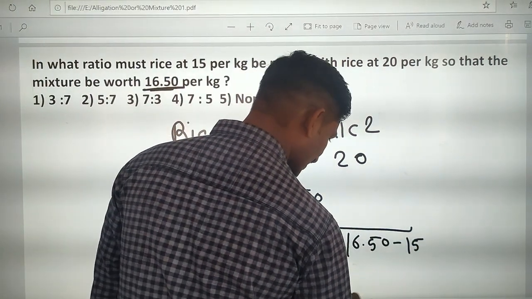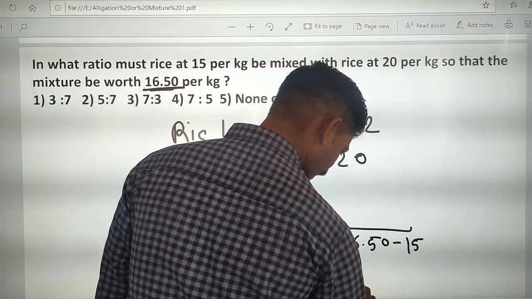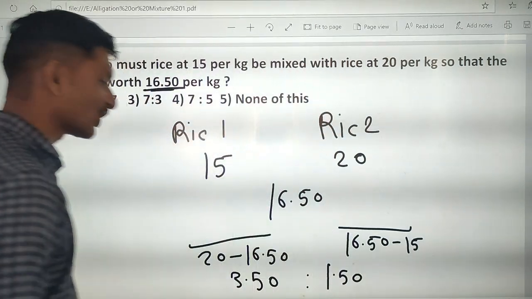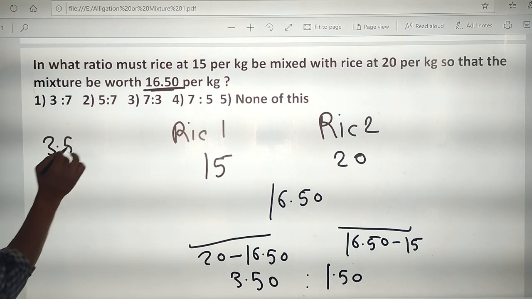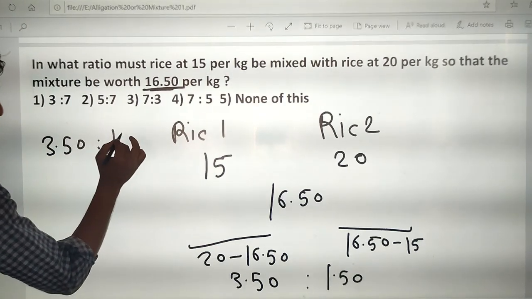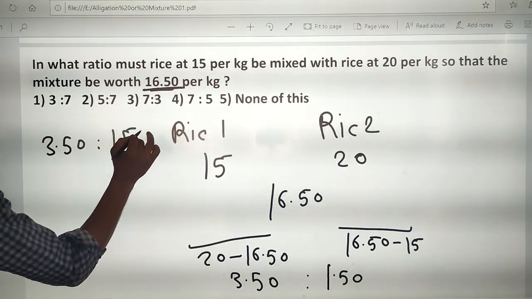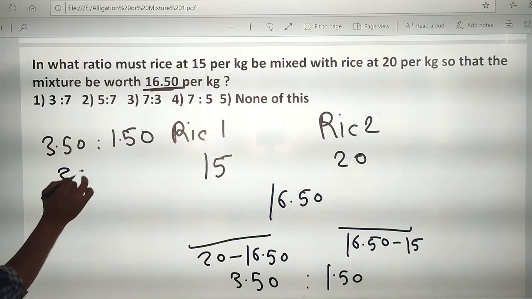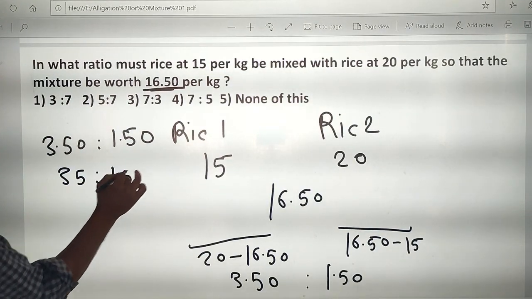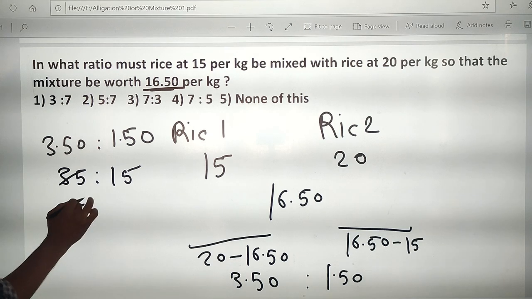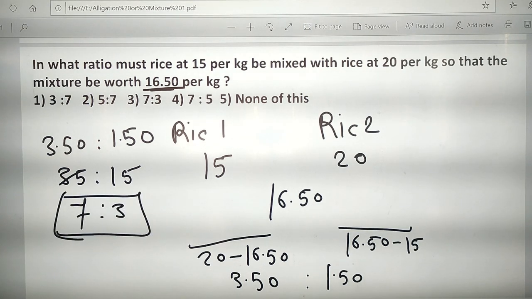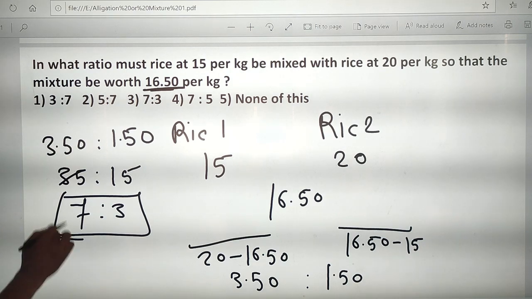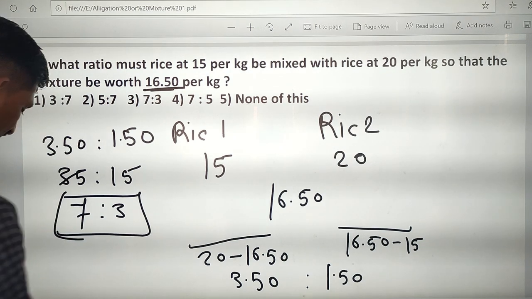Here the subtraction is 1.50. Now the ratio is 3.50 to 1.50, that is 35 to 15. Then your ratio is 7 to 3. Next.